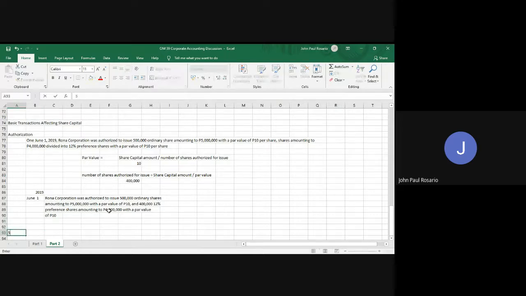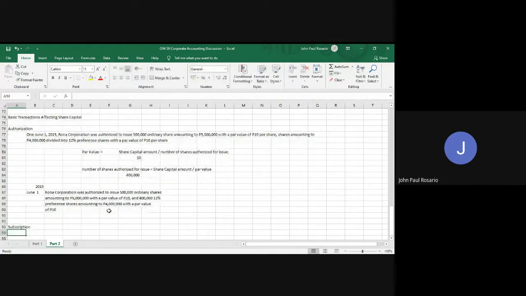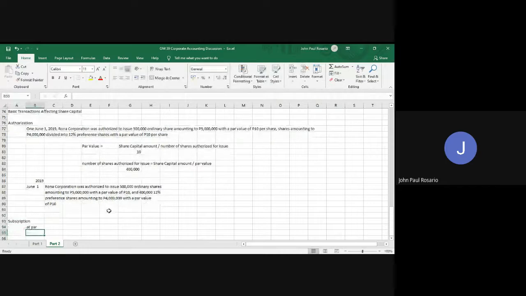And then next is subscription. In subscription, there are instances at par, meaning the subscription price is equal to par value.